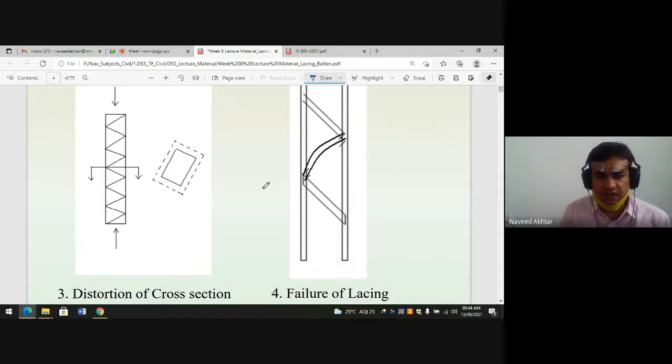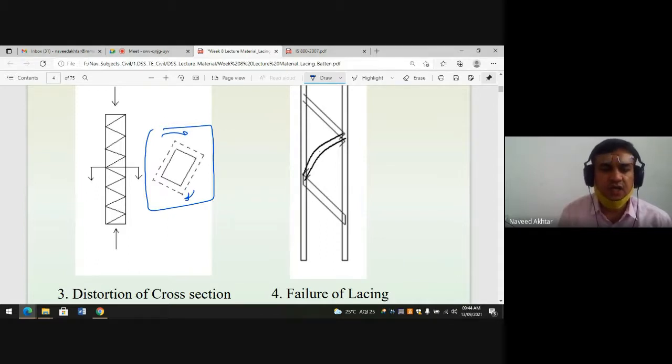What happens there is twisting of the member. The twisting of the member due to a twisting moment or unbalanced moment may happen. That is called distortion of the cross section.